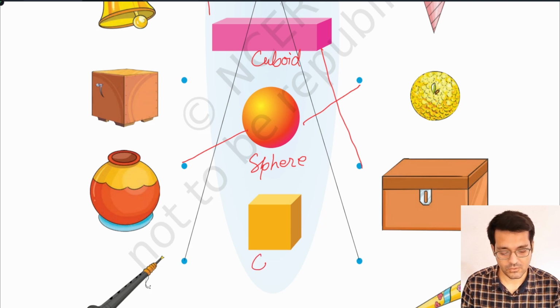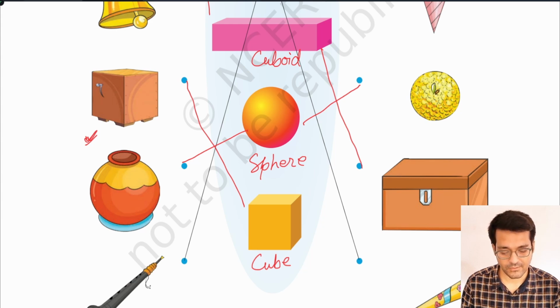Similarly, this is a cube. You can see this box, which can be a tijori or a safe, where somebody puts money and keeps it safely.